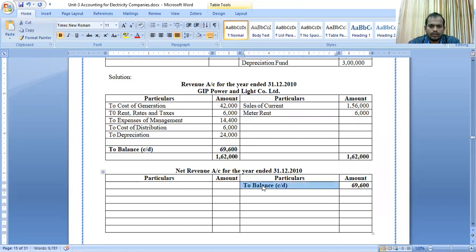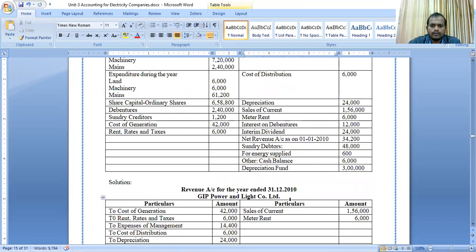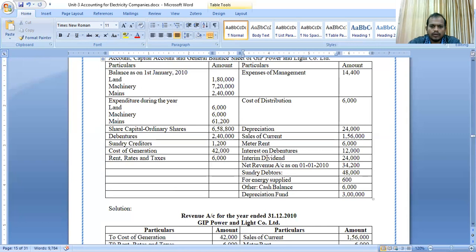We have to carry forward to the net revenue account. Balance brought down. Okay. So interest on debentures.